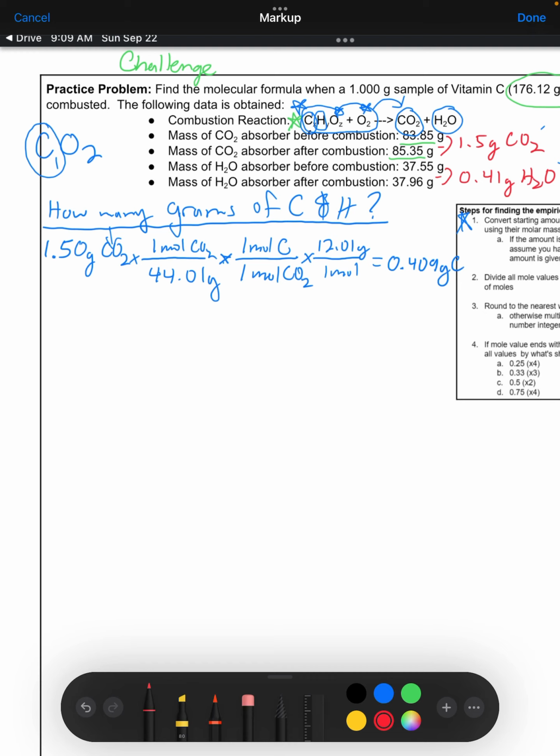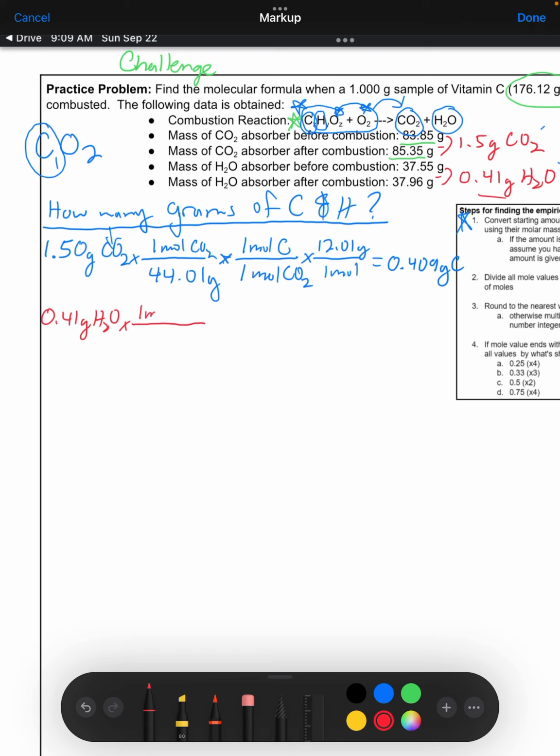And again, I know that was a little bit tricky to think your way through, but just go with me because I'm going to do the same exact thing for water. I know that I have 0.41 grams of water. All right? All I can do is convert that into moles at this point because literally all the information that I have.